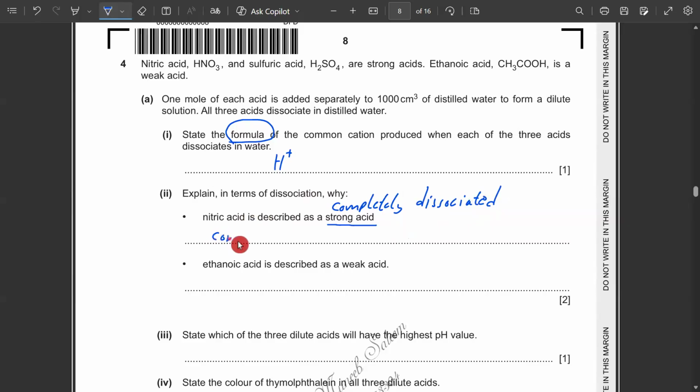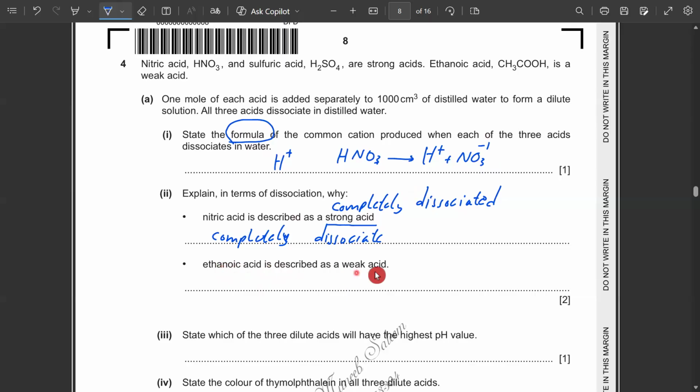So we write here completely dissociates. And by the word dissociate, we mean the compound breaks down into its respective ions. Like HNO3 will dissociate into hydrogen ions and nitrate ions. This is what it means.